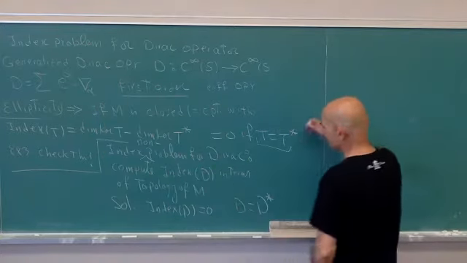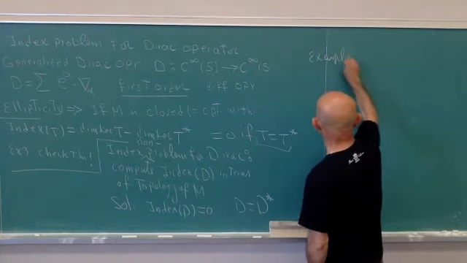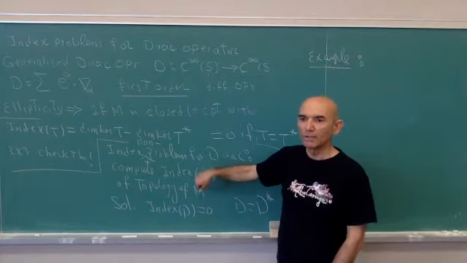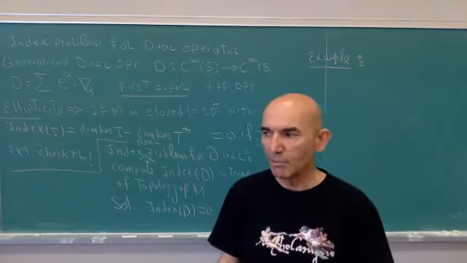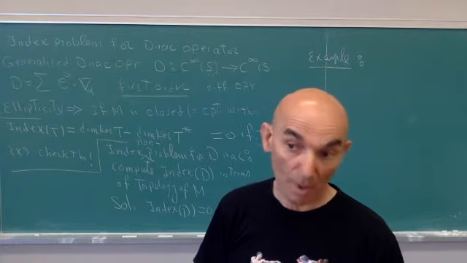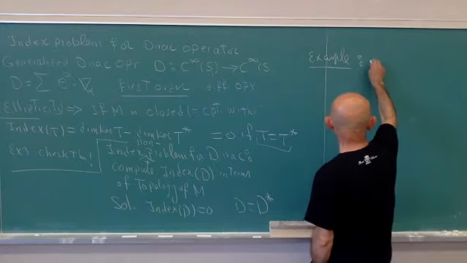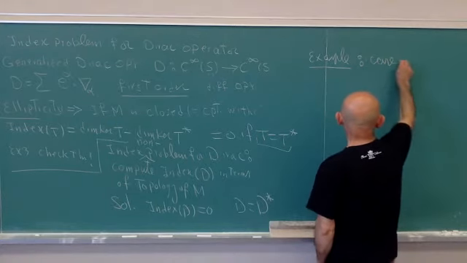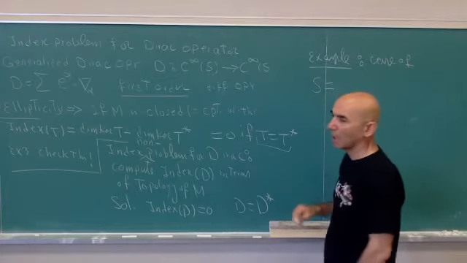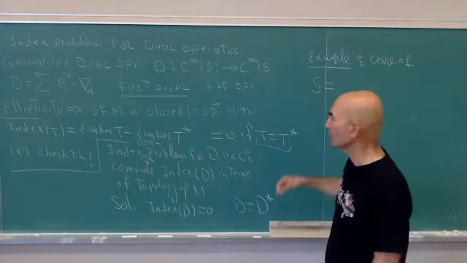So let's look at one example where we can actually know what this D is. And that example, by the way, is the case of, remember, this bundle S was equal to the bundle of the exterior algebra of the cotangent bundle, right?